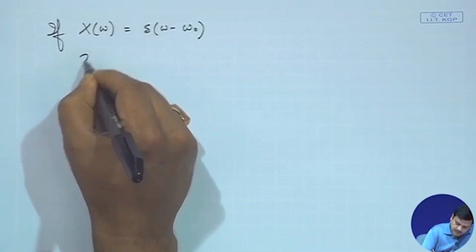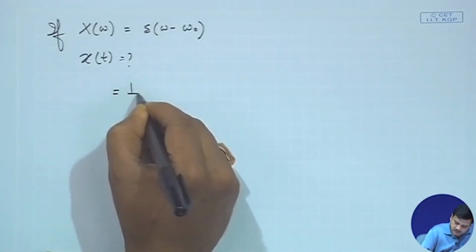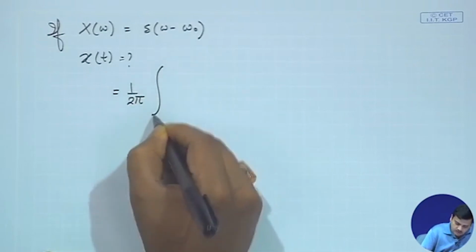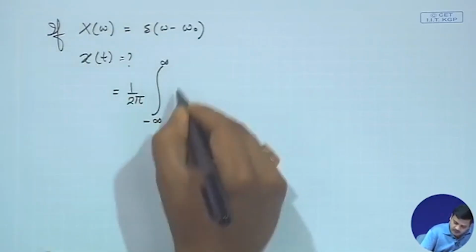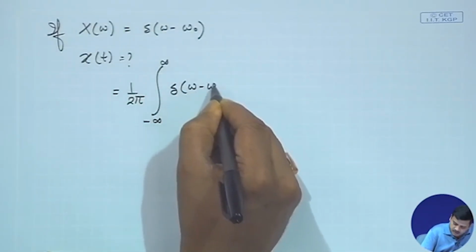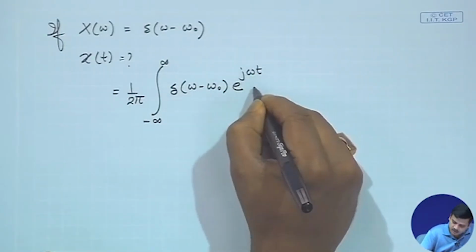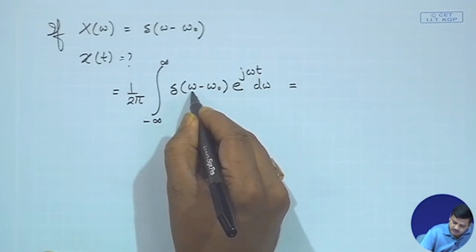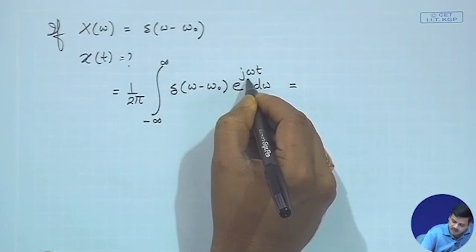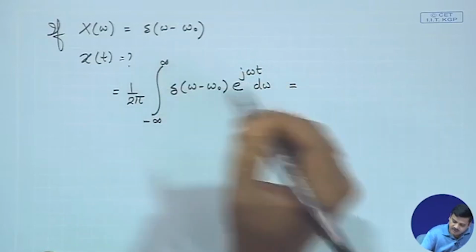So, what is x of t is the question. So, x of t is equal to, going by the definition, 1 upon 2 pi integral from minus infinity to infinity X of omega, so we write delta of omega minus omega naught, e to the power of j omega t d omega, and because it is the delta function, the job of the delta function is to collapse this entire function at omega naught. So, that is the only value this function can ever take in this whole integral.